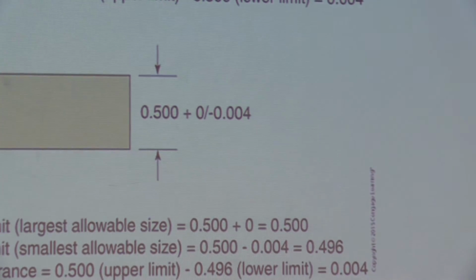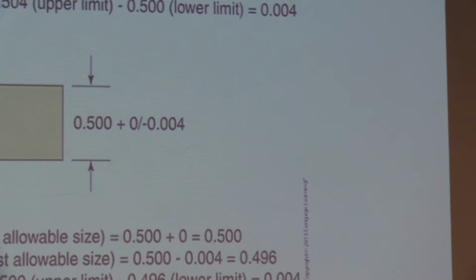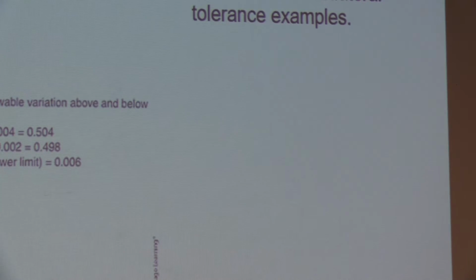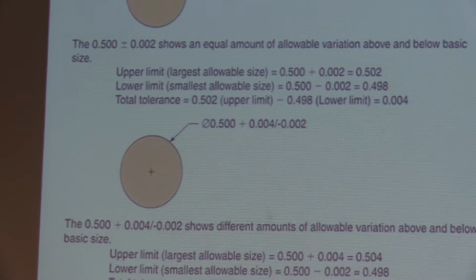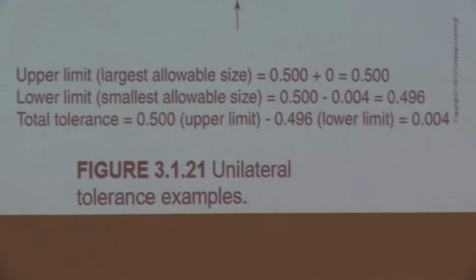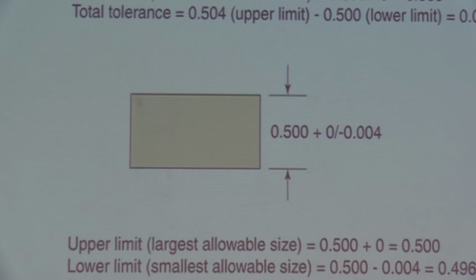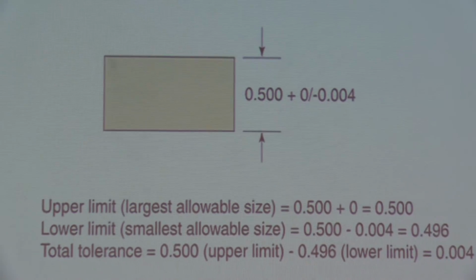These are unilateral tolerance examples. So there's only tolerance on one side versus before there was tolerance on both. Bilaterals show tolerances on both sides. Okay, the plus and the minus. Unilaterals only have one tolerance, either on a positive or a negative, but only one side will allow it.